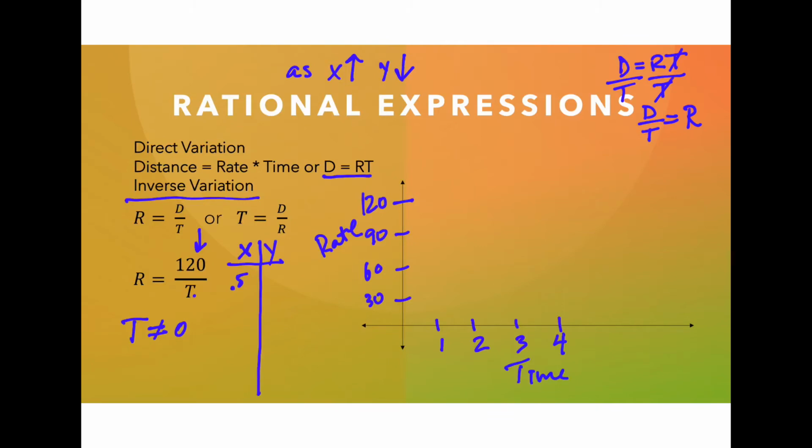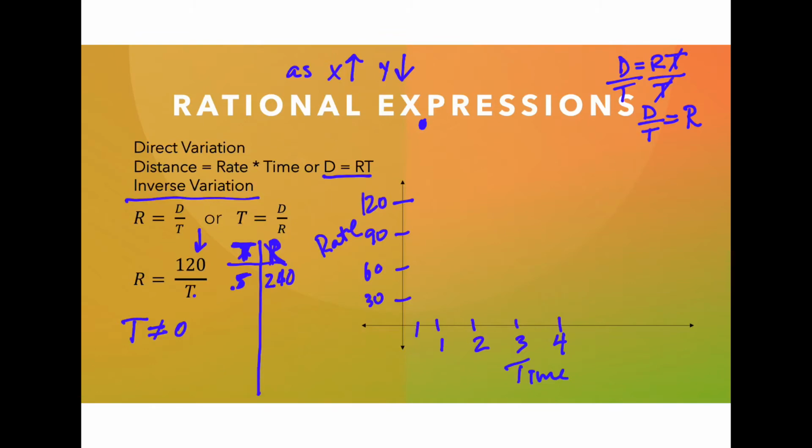If you go 120 divided by 0.5, so we're putting 0.5 into t here, and then r here rather than x and y, the rate r would be double what I have there. It would be 240. So 240 is going to be somewhere way up here. I'm just going to kind of guess where it would be as an approximation.